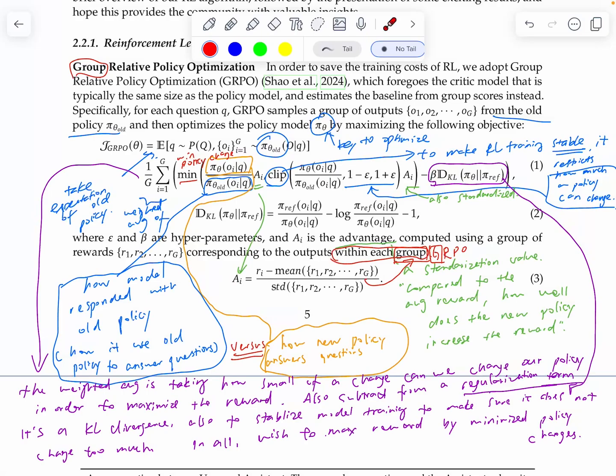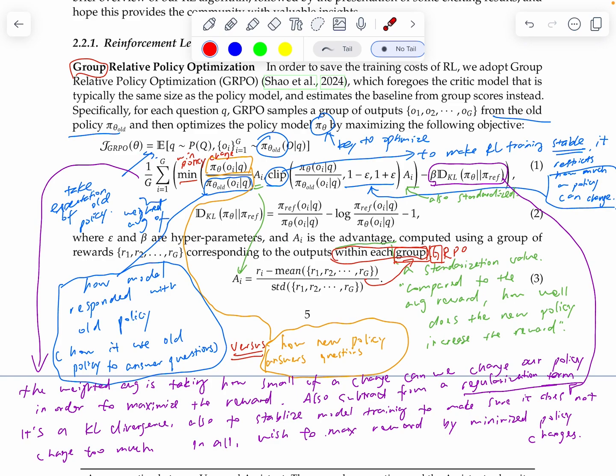We have a group of outputs O1, O2 up to OG, sampled from the old policy pi theta old. We're going to optimize the policy model pi theta by maximizing this objective.